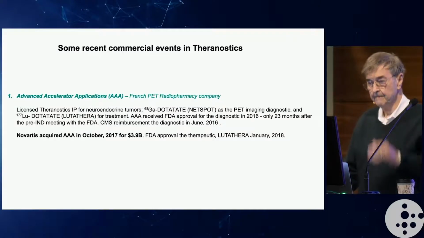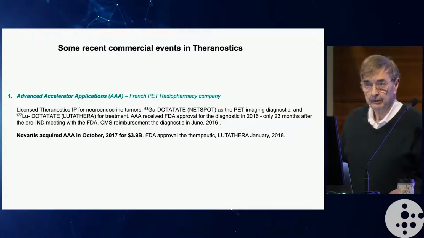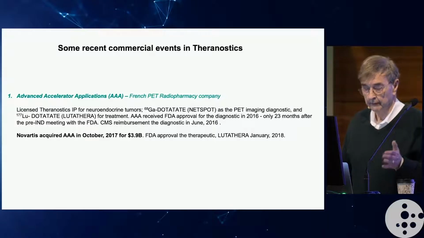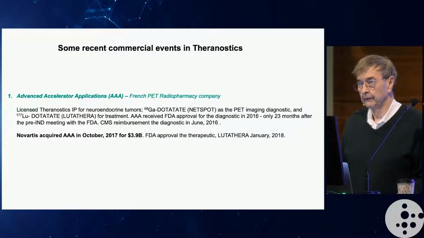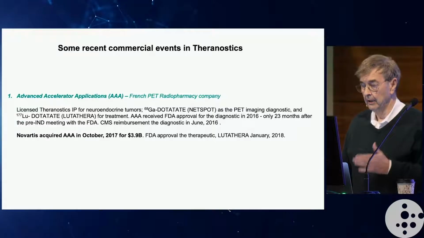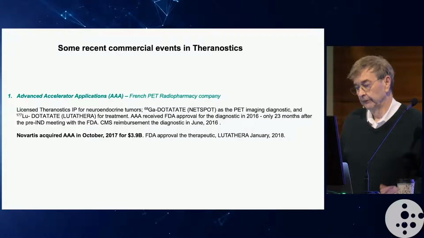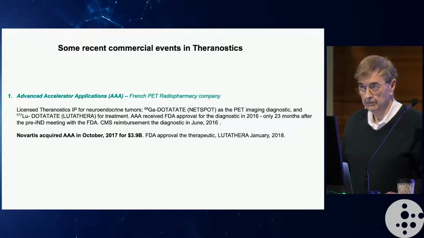So there's a company in France called Advanced Accelerator Applications. It's a PET radiopharmacy company. And they acquired the intellectual property for the neuroendocrine diagnostic and therapeutic and received FDA approval for the diagnostic in 2016.